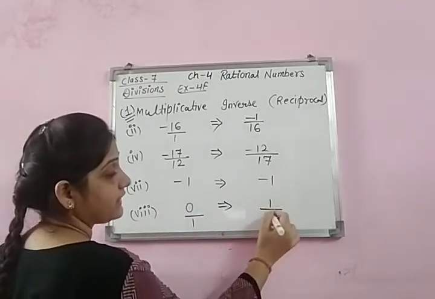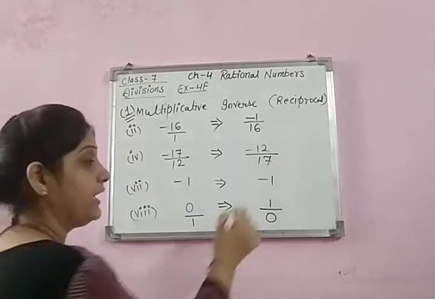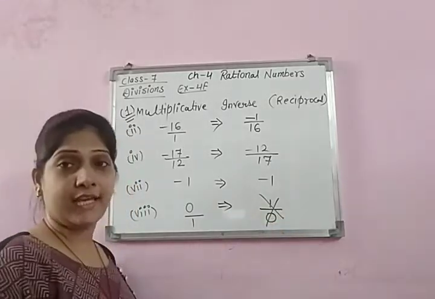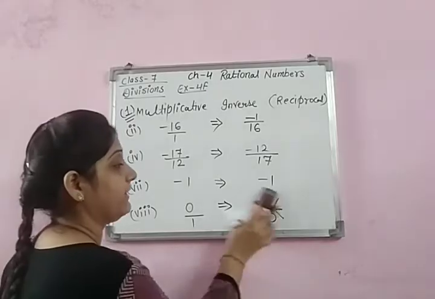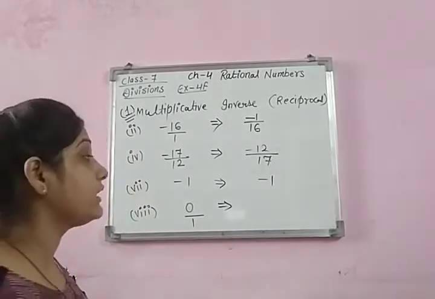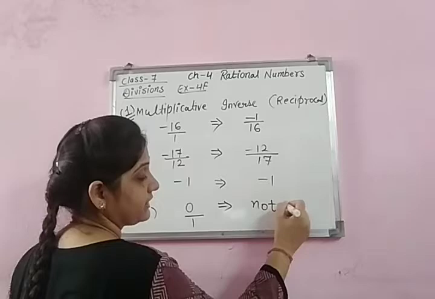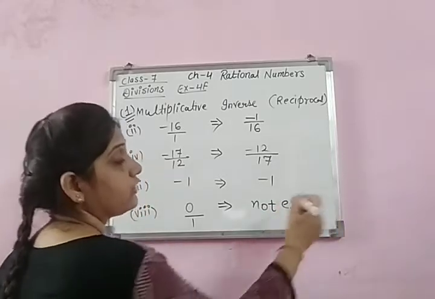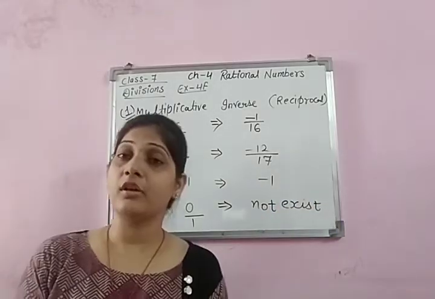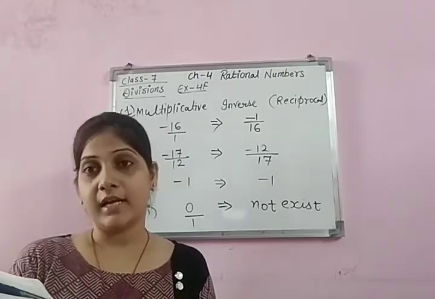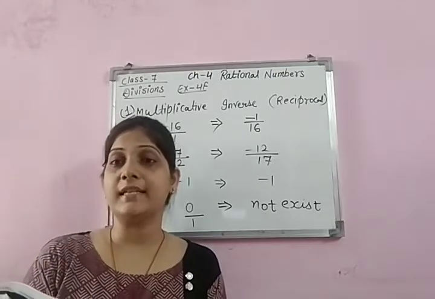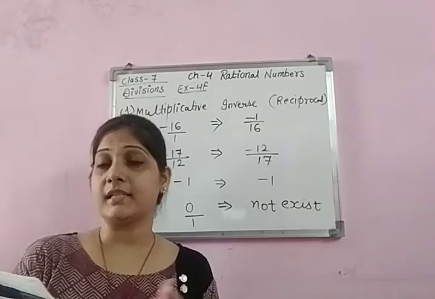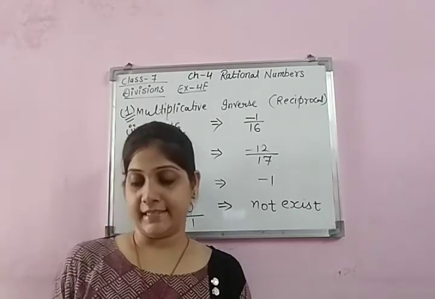So when we write its reciprocal, it is 1/0, and its value does not exist, as we know. So we say the reciprocal of 0 does not exist. In short, you can learn that the reciprocal of 1 is 1, the reciprocal of -1 is -1, whereas the reciprocal of 0 does not exist.